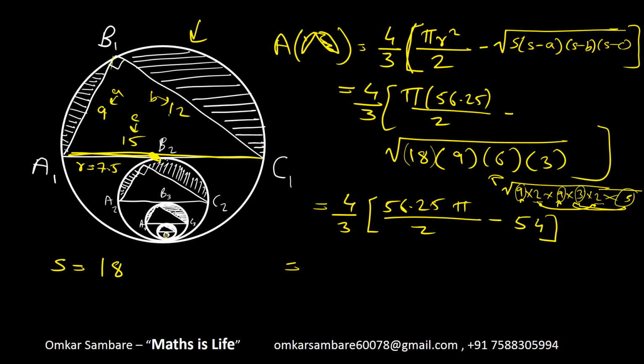After dividing by 3 you will get 75, and we have to divide by 2 also. 2 is also there for division, so divided by 2 you will get 37.5. So it is 37.5 pi minus again 4 by 3 into 54. So if you multiply 54 into 4 and divide it by 3, you will get 72. And this is the final answer, 37.5 pi minus 72.